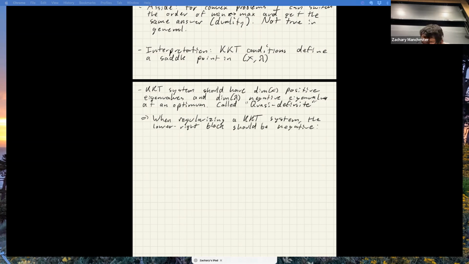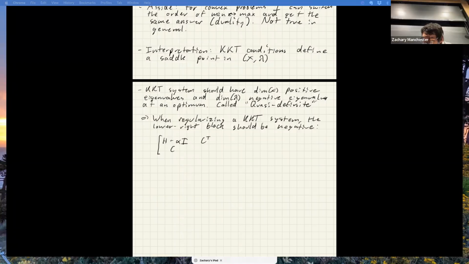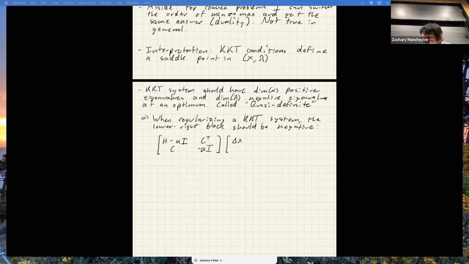Can you explain what you mean by upper right and lower right block? Yeah, I'm writing it right now. So this was our KKT system, x and lambda. And over here, we've got the negative gradient of the Lagrangian, and then the negative constraints, right?